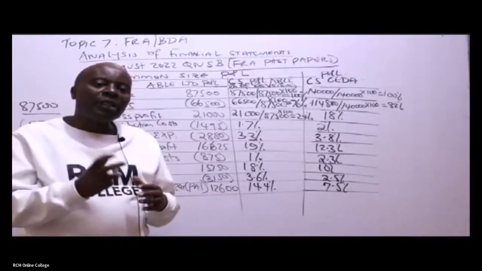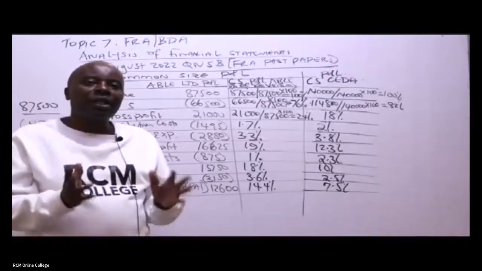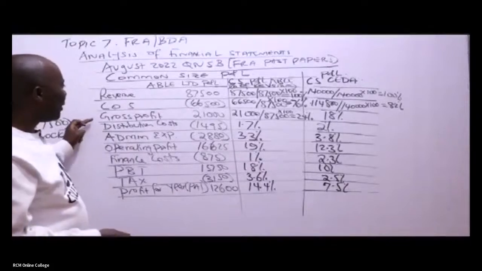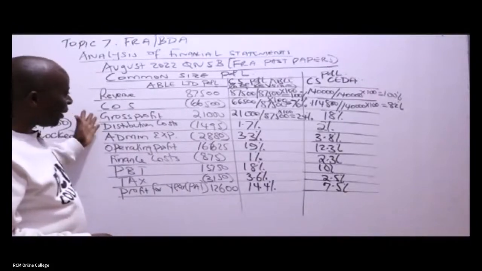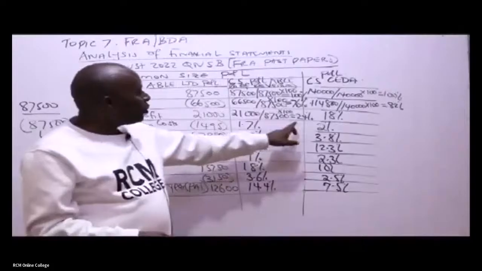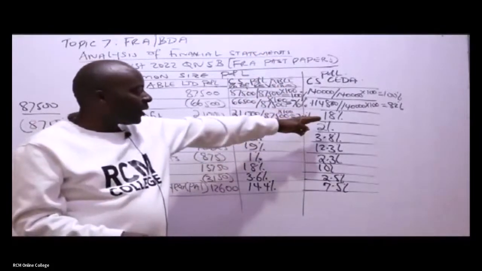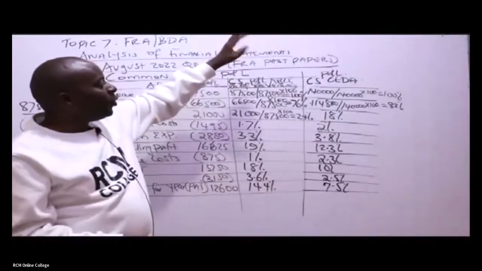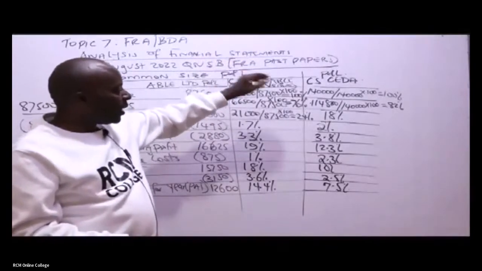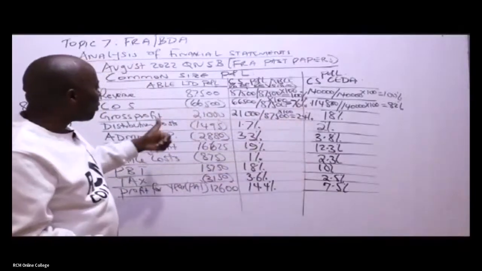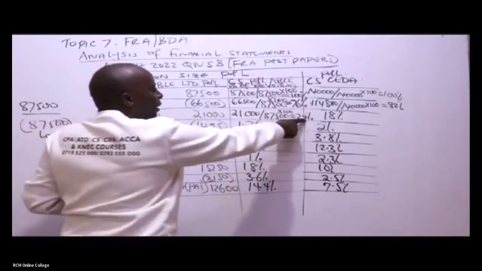So whenever you are told to advise potential shareholders, always look at the gross profit margin, the gross profit percentage. You can see ABO has a higher one, 24%, the other one is 18%. It doesn't matter how high the sales are. We're only interested in the profits. So in terms of gross profit percentage, ABO is better.